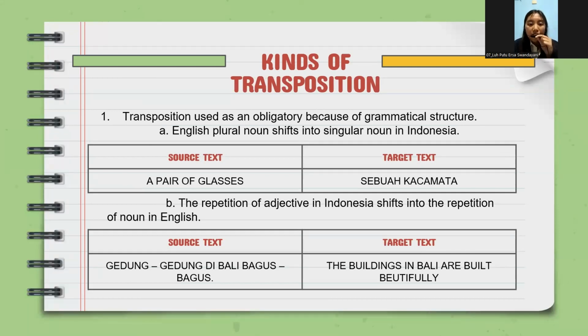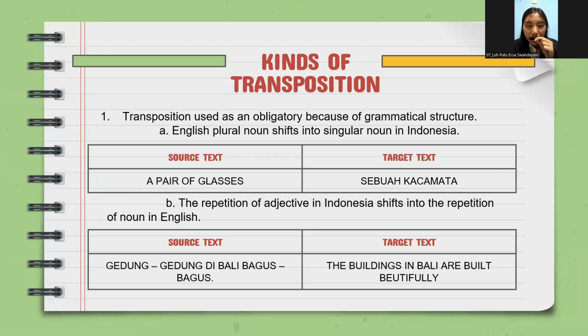Okay, this is the kind of transposition. Number one, transposition used as an obligatory because of grammatical structure. It means that the translator must use this procedure to translate the text in the transposition technique. The transposition used as an obligatory has two kinds.